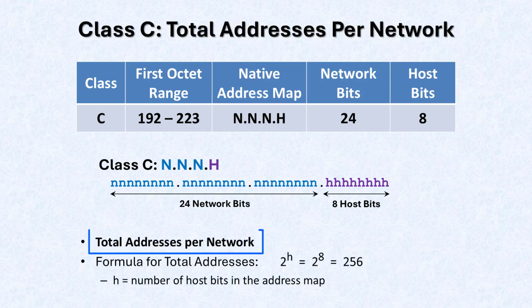For the total number of addresses in each Class C network, use formula 2 to the h, where h is the number of host bits in the address map. Since there are 8 host bits, set 2 to the h equal to 2 to the 8th. This equals 256.